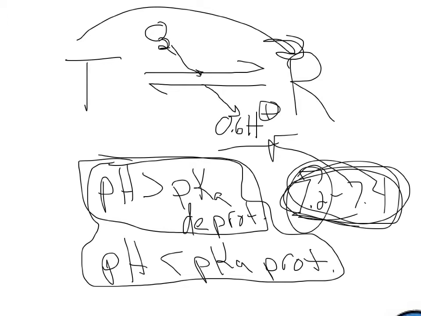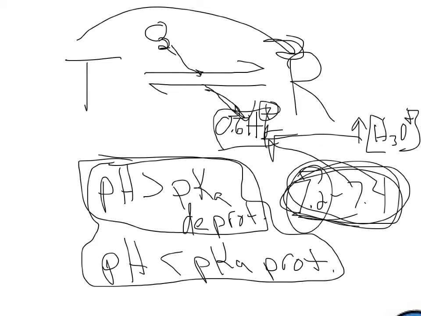Lower pH means that there's an increase in H3O plus concentration. And that increase in H3O plus concentration will, through Le Chatelier's principle, because a proton is a product here, push it back toward the T state if we add more protons to the system.